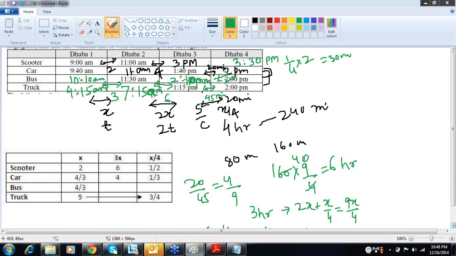So just put that value. It takes 20 minutes, so how much will it take? 30 minutes it will take. So it will reach here at 3:30 p.m. Okay. This is done. So scooter and car are over. Everybody clear till now?